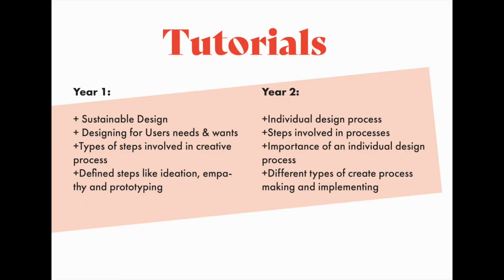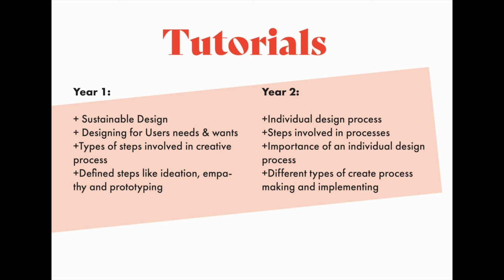In the first year of visual communication, we learnt different aspects of design thinking in ways such as designing as sustainable for users' demands, and different steps involved in the creative making process. The ones we defined were ideation, empathy, sympathy, prototyping, etc., in terms of UI design and UX design.